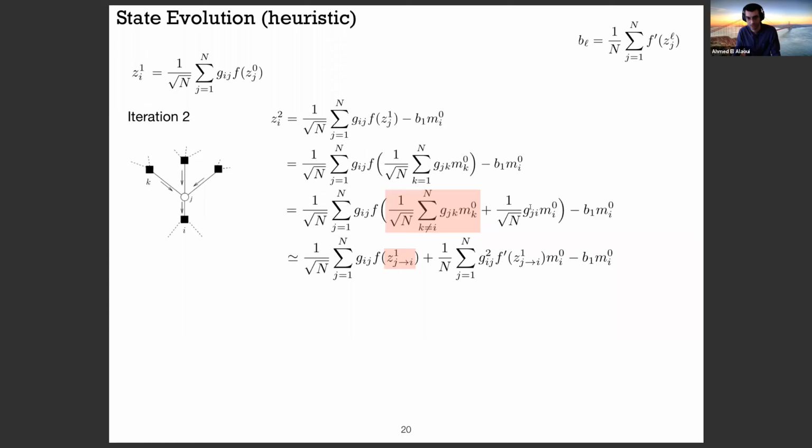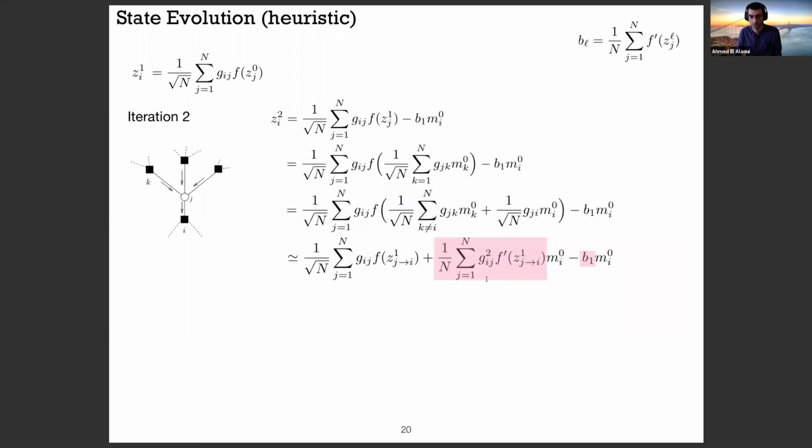And then if you Taylor expand with respect to this, then you get a term that depends on F prime, right? And this Gij will just combine with these guys. Since the matrix is symmetric, that will give you a square. And this sum is over j, it doesn't depend on i, right? So now you can just match these two guys, right?